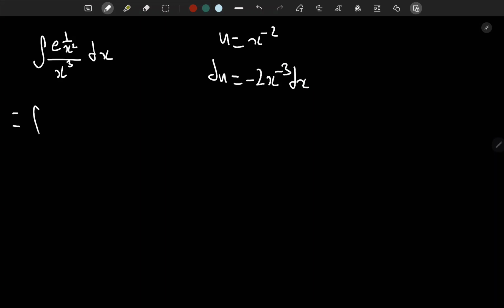Now we can substitute back into the original solution. So it is going to be equal to e to the power of u over x^3, and dx is going to be replaced with du over -2x^-3. And you can realize that we have negative x^-3 here, which, if we take this up, is going to be x^3.